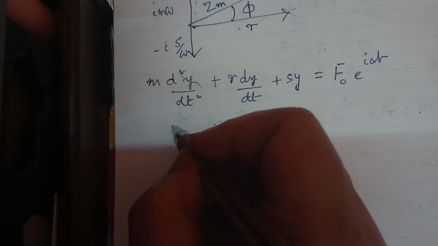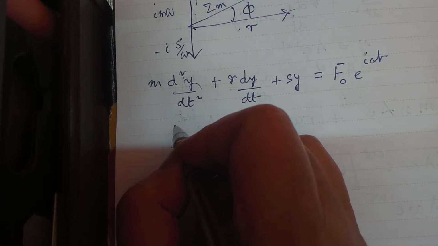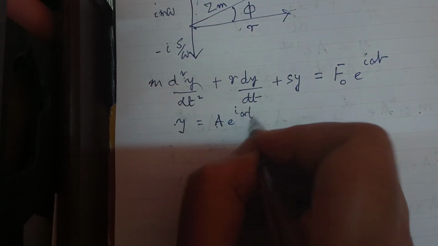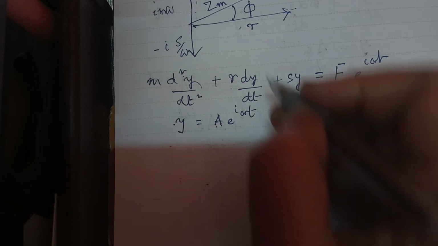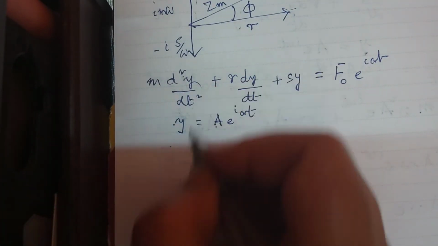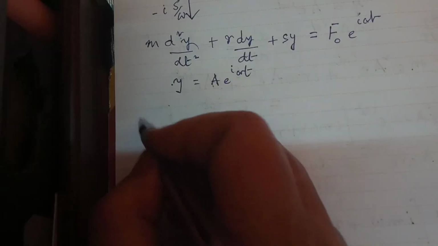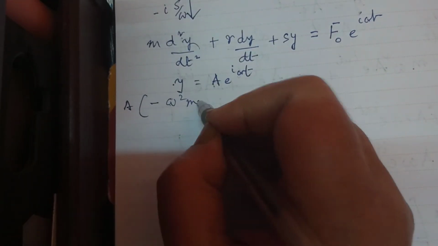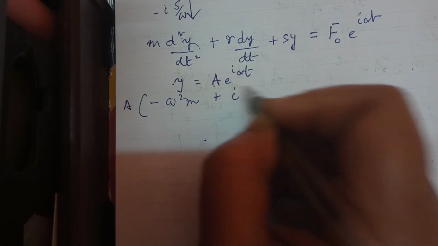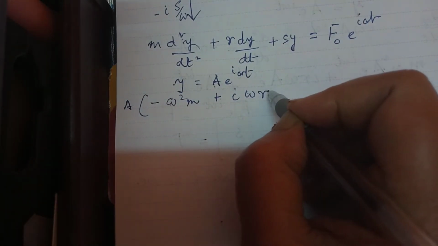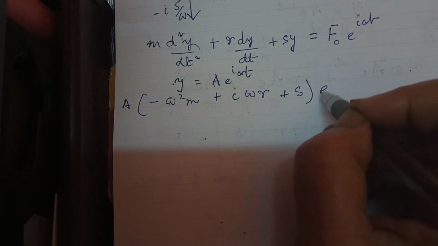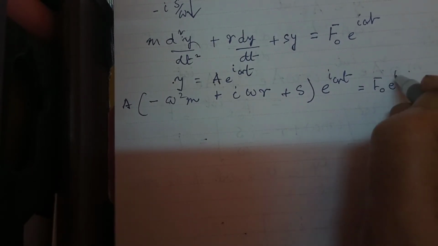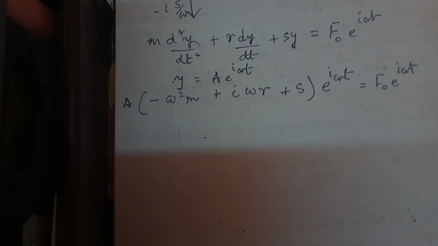If we solve for the steady state, if you remember what we did previously, we took y equal to a e to the power i omega t, then substituting for dy/dt and d2y/dt square, what we got was a (minus omega square m plus i omega R plus s) e to the power i omega t is equal to F naught e to the power i omega t. This was what we got, isn't it?